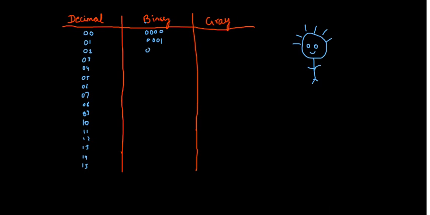Okay, so 0, 0, 1, 0, 0, 0, 1, 1. Then we have 0, 1, 0, 0.